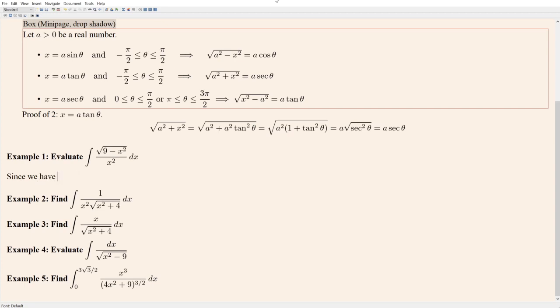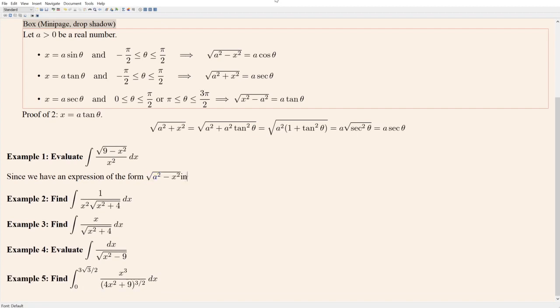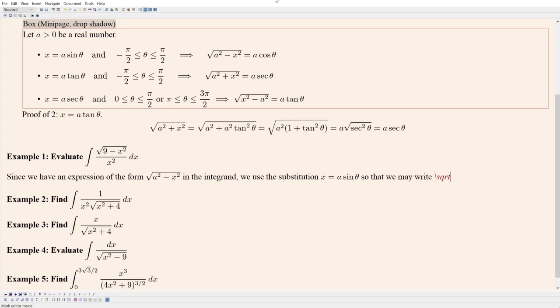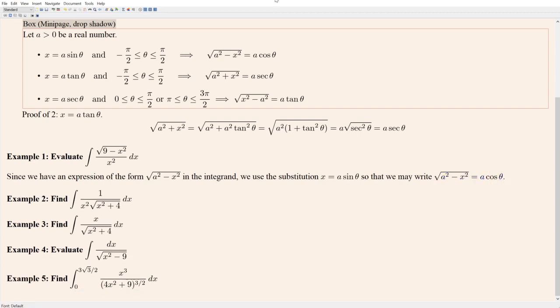Since we have an expression of the form root of a squared minus x squared in the integrand, we use the substitution x equals a sine theta, so that we may write root of a squared minus x squared equals a cosine theta, right?